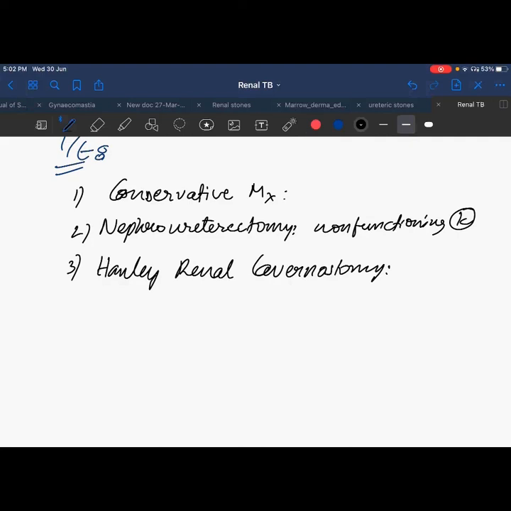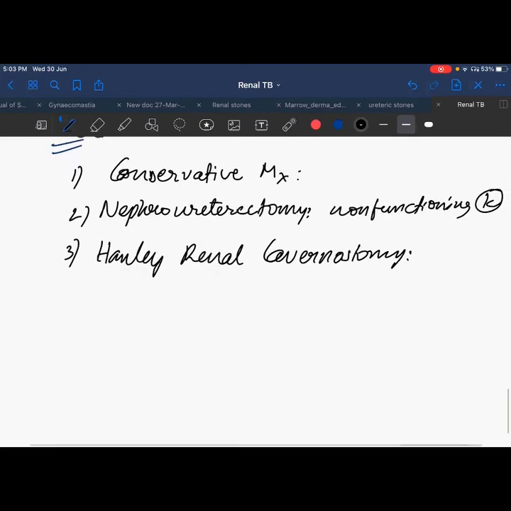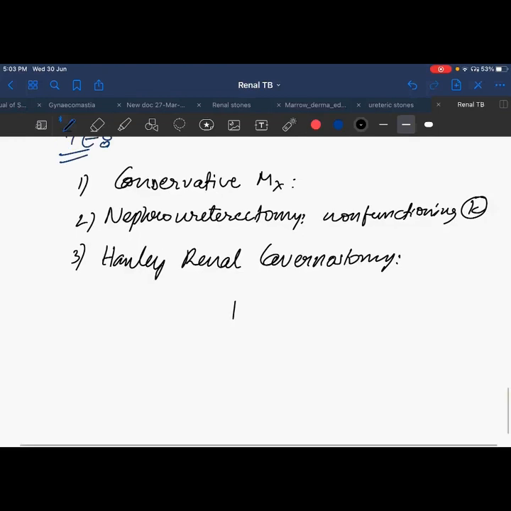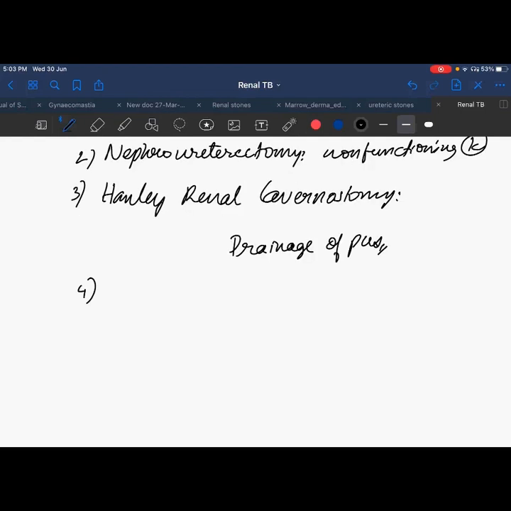They incise the calyces and drain the pus, and again suture the calyces back, and the rest of the parenchyma and capsule will be left for healing. So they suture back the calyx and surgery is complete. This procedure is done just to remove the pus. This procedure is known as Henle renal cavernostomy. Ostomy means incision, for drainage of pus.